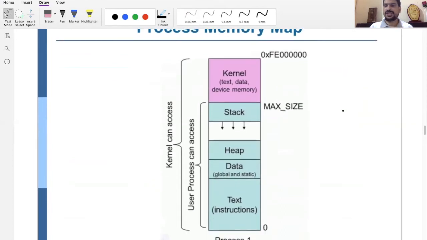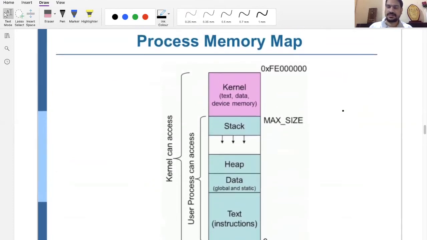Now, in each virtual address space, there is space for the kernel also. So you see, these are the parts that we have seen till now. This is the part of a process. And for each and every process, we have text, data, heap, and stack. And all these are created when the processes are generated, meaning the program under execution, right?